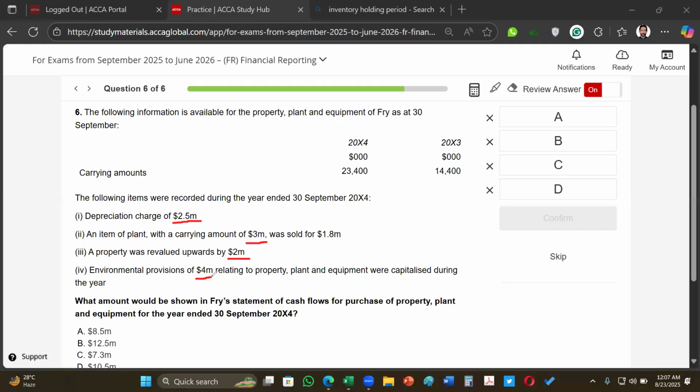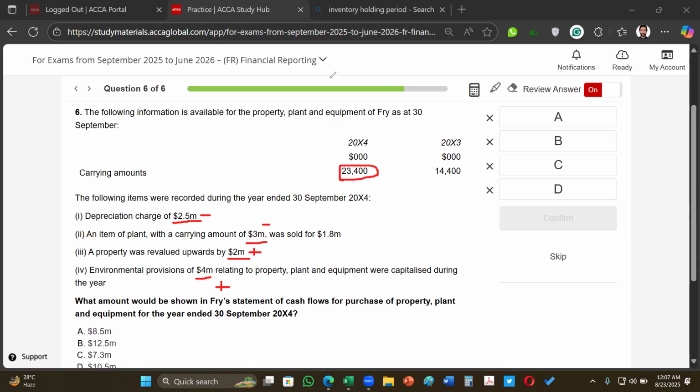So this would increase the value of the assets. So this one would be deducted. This one would be deducted since it is sold. This one would be added. And this one would also be added so that we could have the right value of the asset. And then we will take the difference with 23.4.